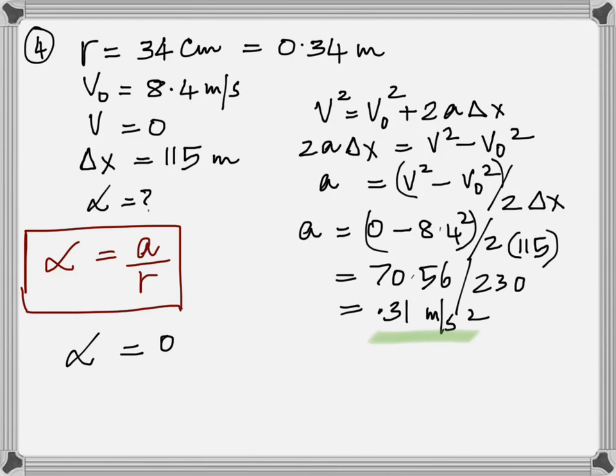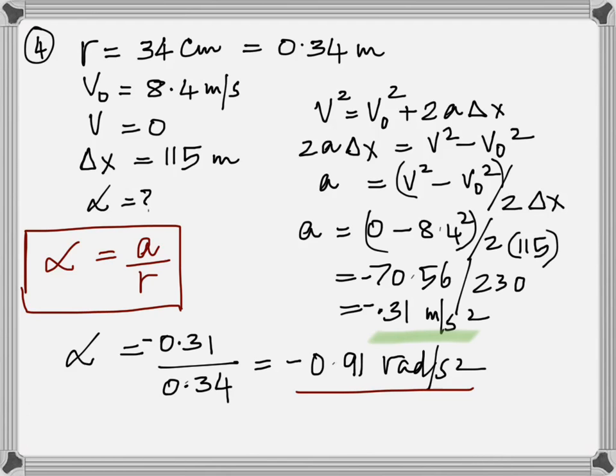So once you get that, you got your linear acceleration, right? From there, plug it back into this and find the angular. That's it. So 0.31 by 0.34, which is negative 0.91 radian per second squared. 91, the answer key shows 90. That's how you do it.